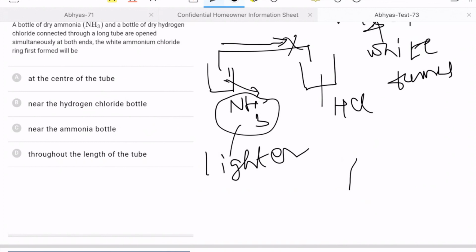So near the hydrogen chloride bottle we can take it. Since ammonia is a lighter gas and its fumes will be moving faster, diffusion will be faster. So this is also an easy question only. So we'll go to the next question.